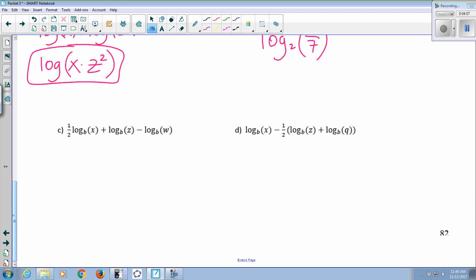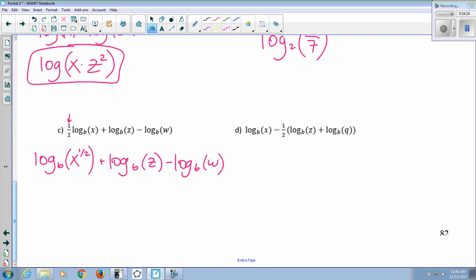Part c, start by the power rule. Anytime you have a coefficient, pop it up. So this is going to be log base b of x to the 1/2 plus log base b of z minus log base b of w, and then take your sum, the first 2 terms that are added together, compress those into a product.